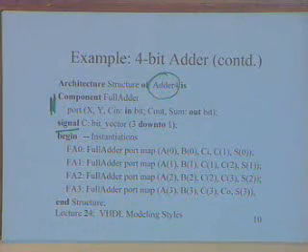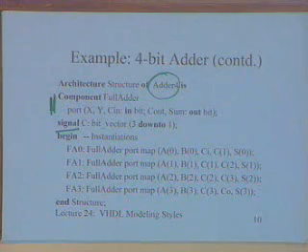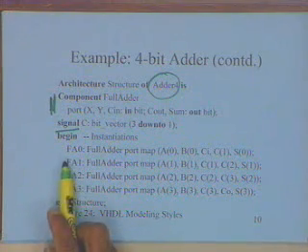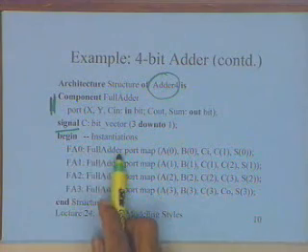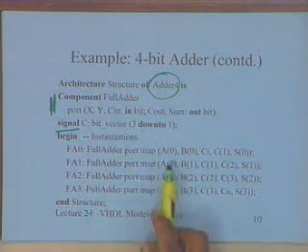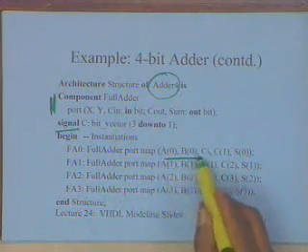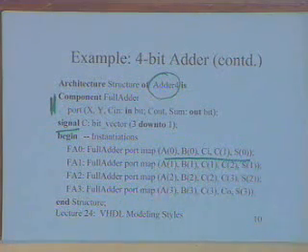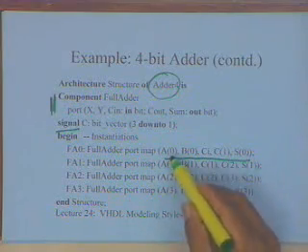So this is all structural description because I am instantiating copies of this. FA0 is a full adder. This is a component full adder, and I am now defining my port map. The port map essentially means, where does A0 come from?